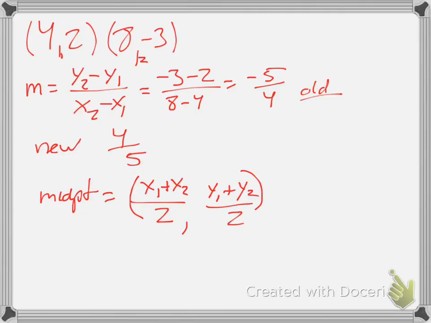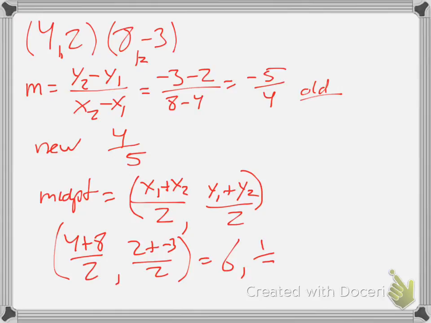Average the x's, average the y's. That's the equation you've got to use. So we do 4 plus 8 over 2 and 2 plus negative 3 over 2, which is 6, comma negative 1/2.